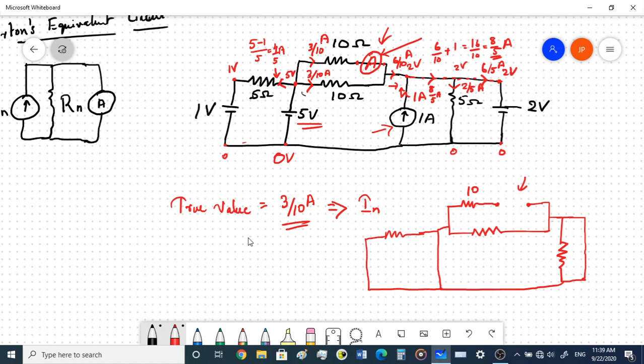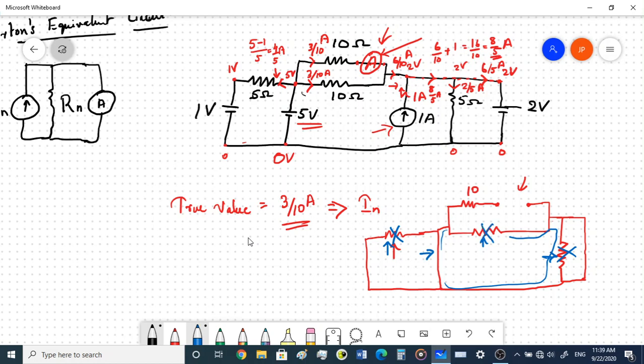Now if you look at this, when we look from this direction, there is a short circuit in parallel to this resistance, which means that this resistance is not going to be valid in this case. Similarly, there is a parallel short circuit with respect to this resistor. Again, we don't have to take this as a resistor as well. Again, if you look at this resistor, there is a short circuit path parallel to this resistance.